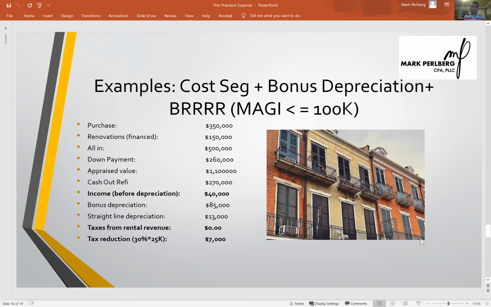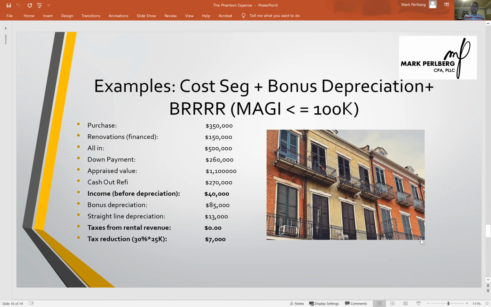In this instance, he put down roughly $260,000 and it was appraised at $1.1 million. This person then had a cash out refi of $270,000. So he gets all his down payment back and an extra $10,000 for increasing the value of the property in the cash out refi.